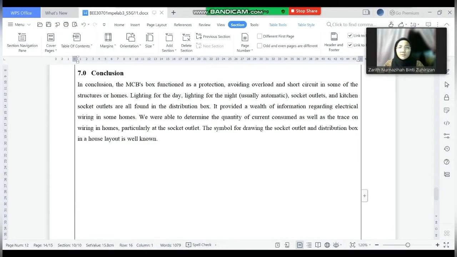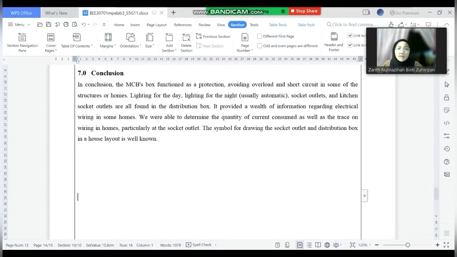In this experiment, the MCBs function as protection against overload and short circuit in some structures or homes. Lighting for the day, lighting for the night, usually automatic. Socket outlets and kitchen socket outlets are all found in the distribution box.